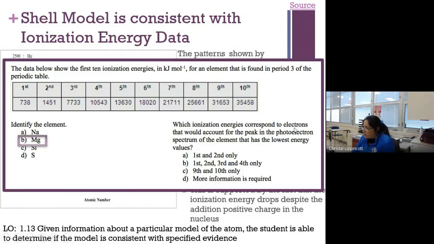Okay, which ionization energies correspond to the electrons that would account for the peak in the photoelectron spectrum of the element that has the lowest values?